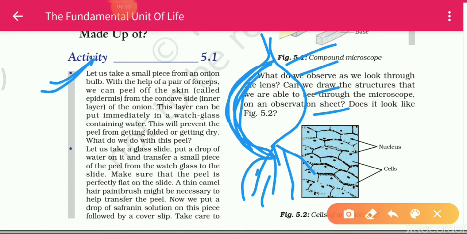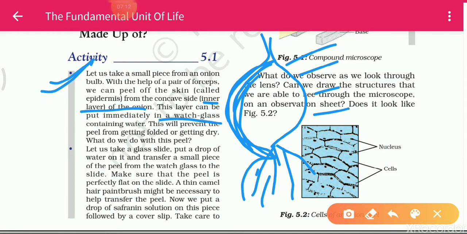Okay, take this thin layer of the onion, and this layer can be put immediately in a watch glass.